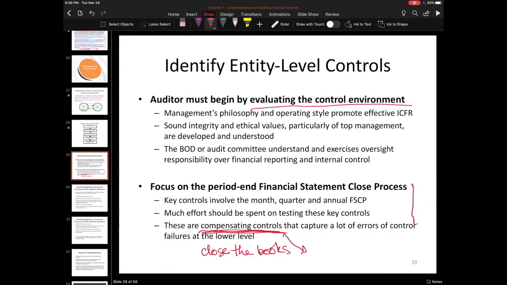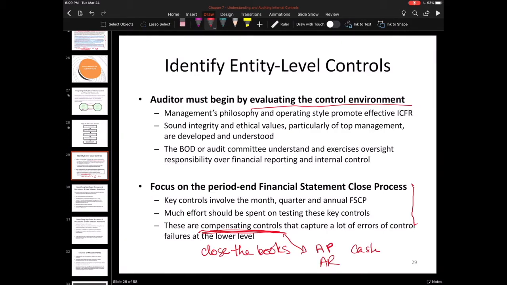So let's say I can have low level control errors in AP and AR in individual accounts, and they cause AP or AR or cash to kind of be out of whack.